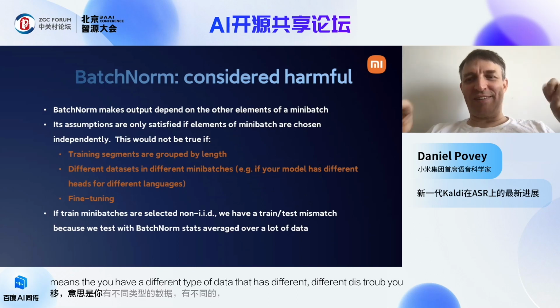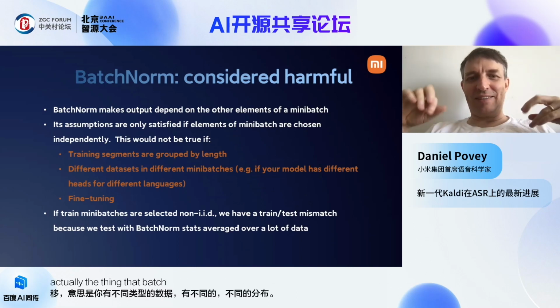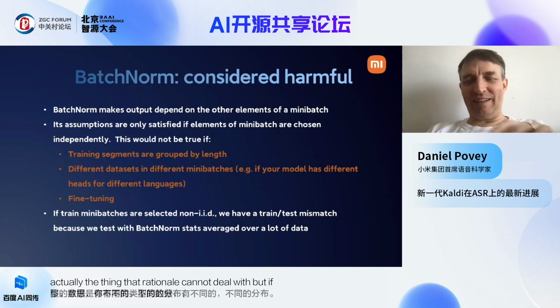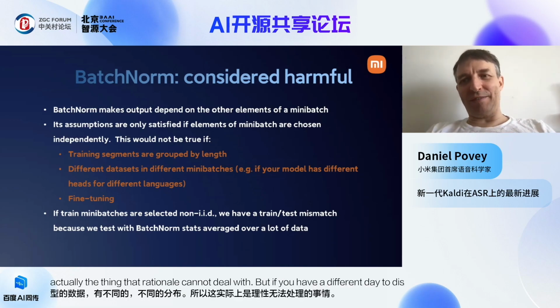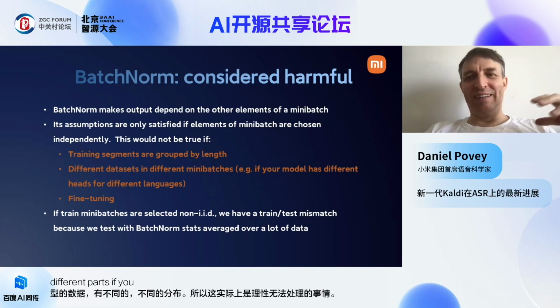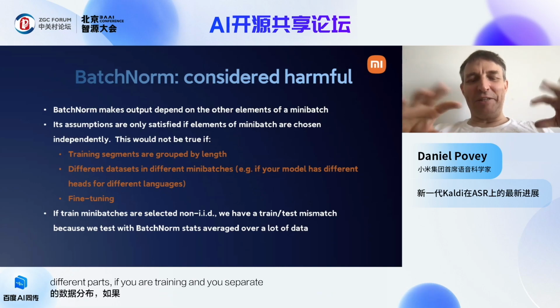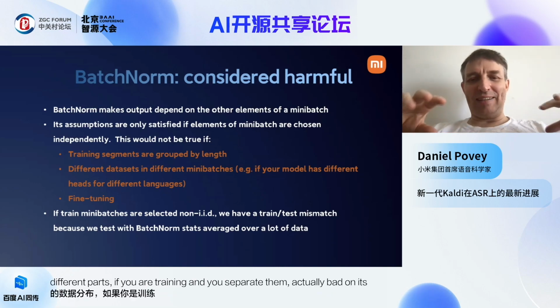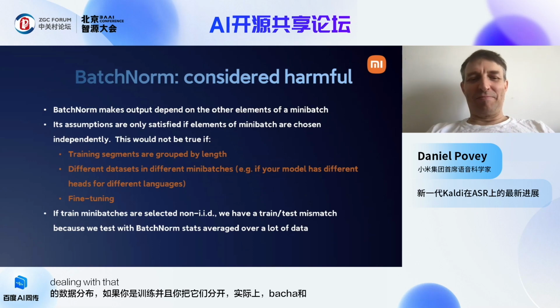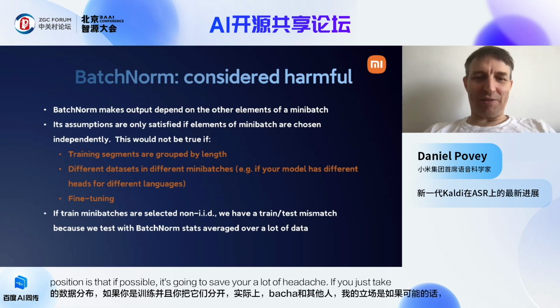So this is actually the thing that BatchNorm cannot deal with. If you have a different data distribution on different parts of your training and you separate them, BatchNorm is really bad at dealing with that. So anyway, my position is that if possible, it's going to save you a lot of headache if you just take BatchNorm out of the model.